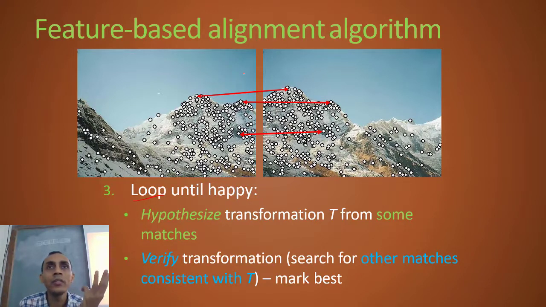If we take 3 points, we get 6 equations from x and y. So 3 points are sufficient to solve our affine transformation matrix. We can pick randomly 3 pairs of points, and using that solve the parameters in the transformation matrix, and that will give us a way to align this image with this image.